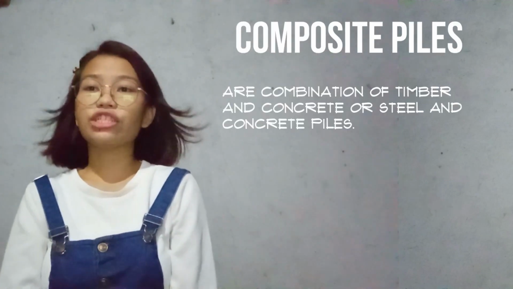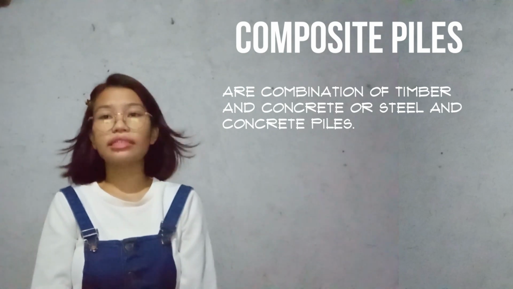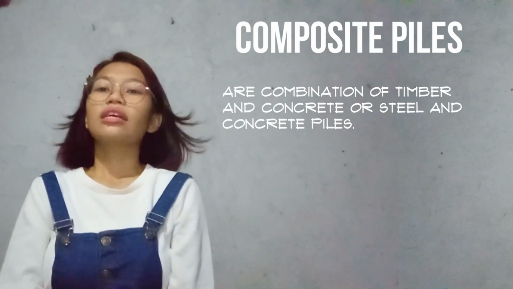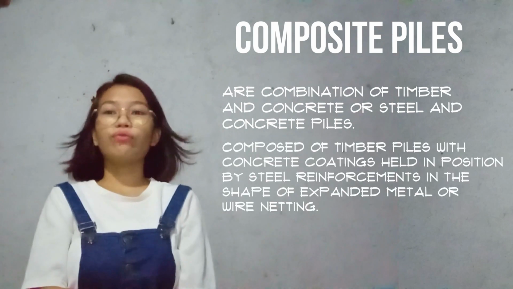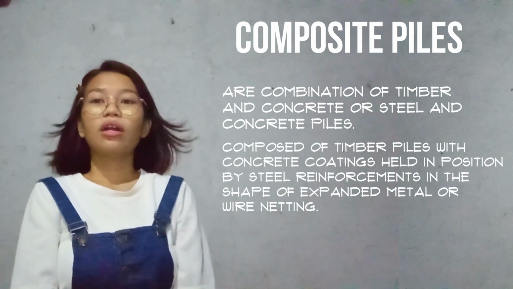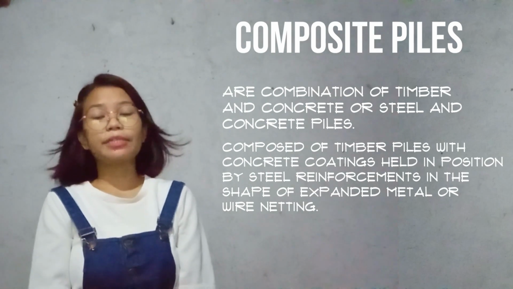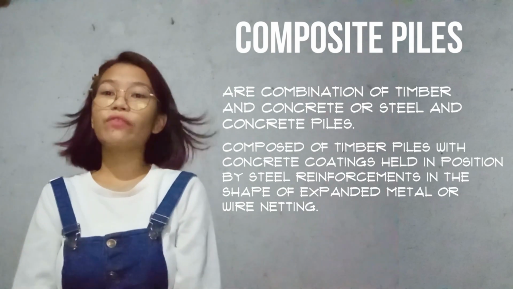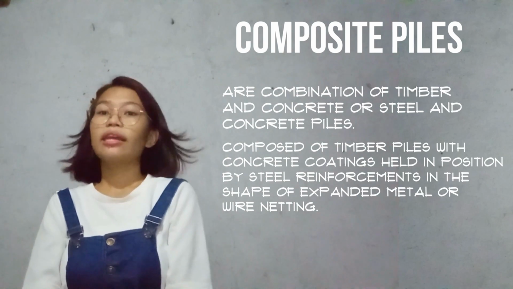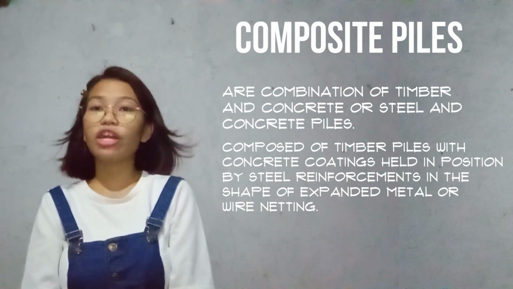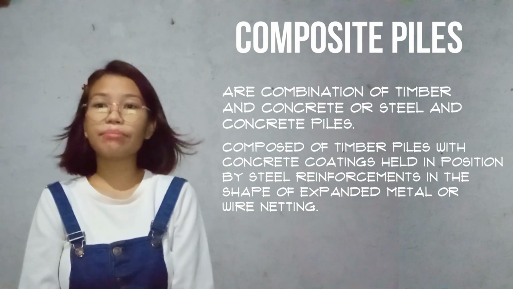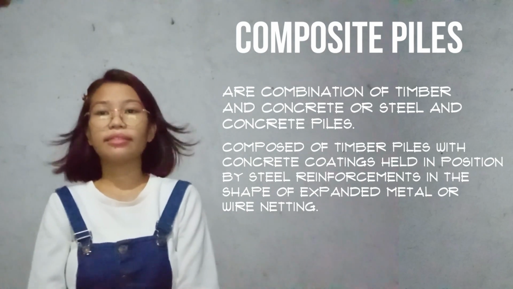These are combination timber and concrete, or steel and concrete piles. They have been composed of timber piles with a concrete coating held in position by steel reinforcements in the shape of expanded metal or wire netting. The latter are to be considered as timber rather than concrete piles.